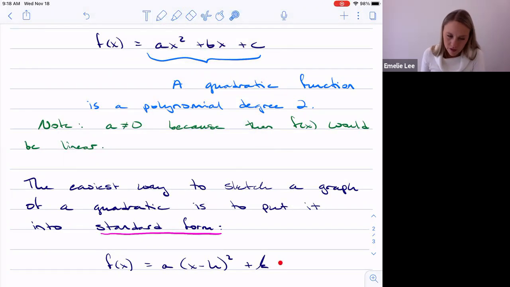To get from the general form to standard form, we have to complete the square. It probably sounds vaguely familiar. I asked Shaun if you had covered completing the square, and he says you have, whereas I kind of put it off until this section, so we'll do a little refresher.